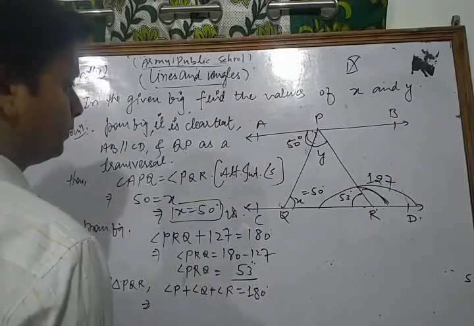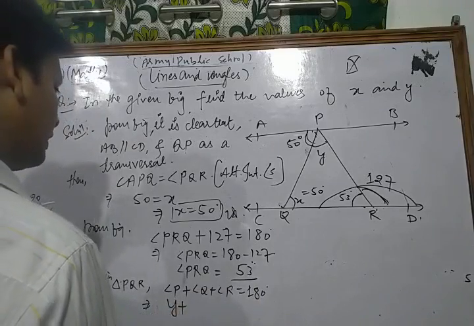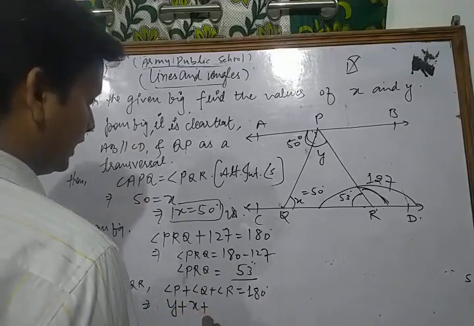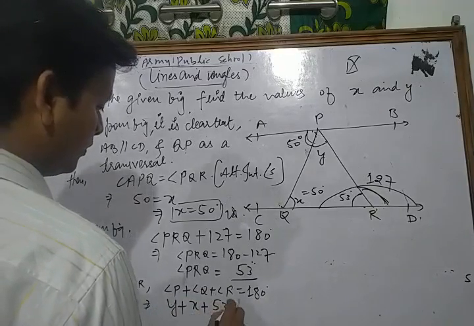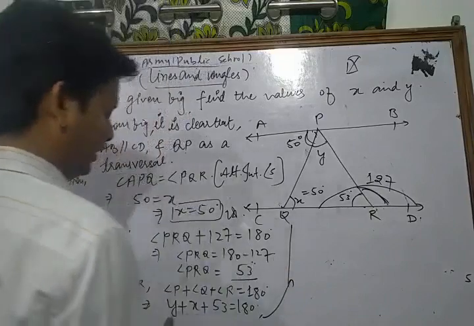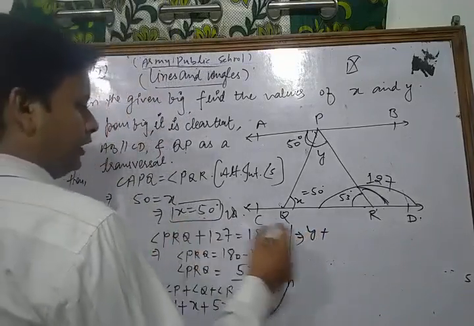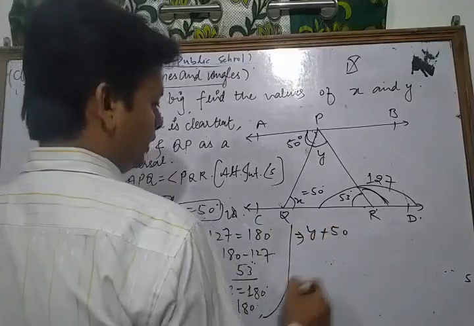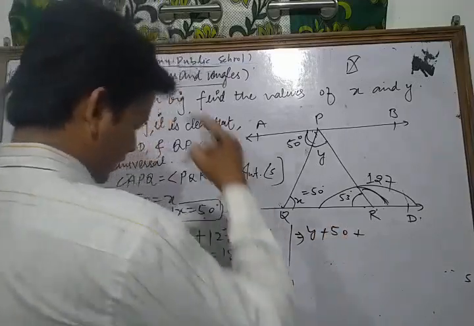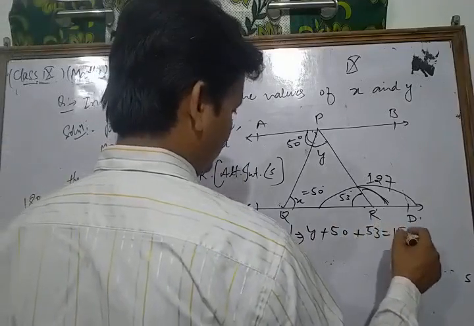Angle P is Y, which we find here. Angle Q is X, and angle R is 53. Here the value of X is 50, so we put 50 plus 53, which is 103.